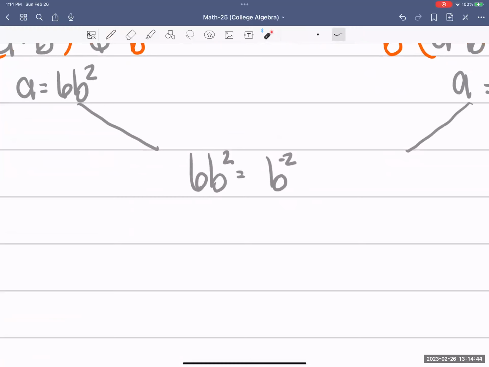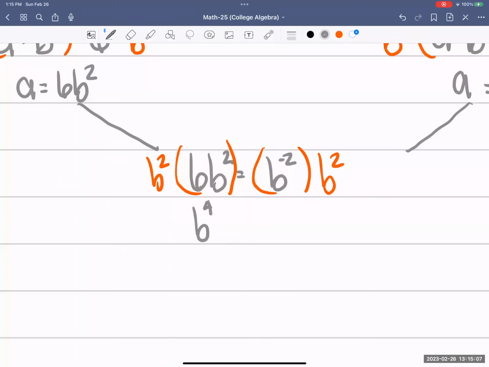Let's multiply both sides by b squared, so that way we get rid of this one. On the left side, b squared times b squared is going to give us b to the power 4, since 2 plus 2 gives us 4.